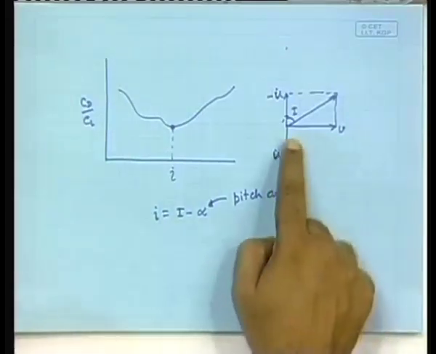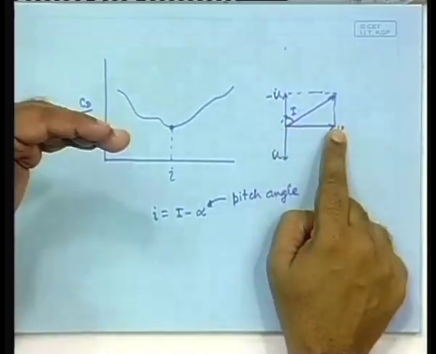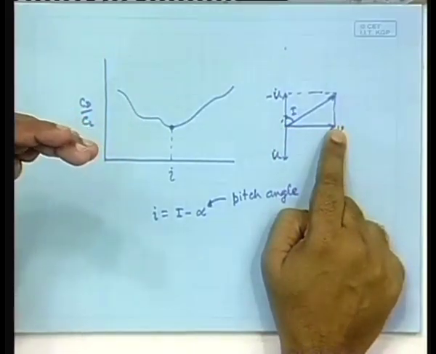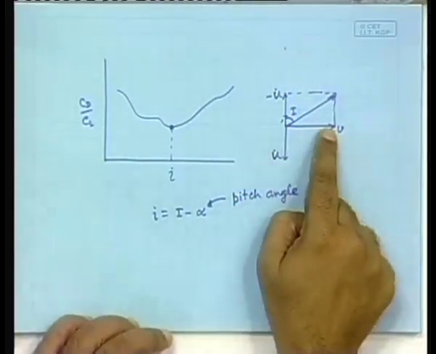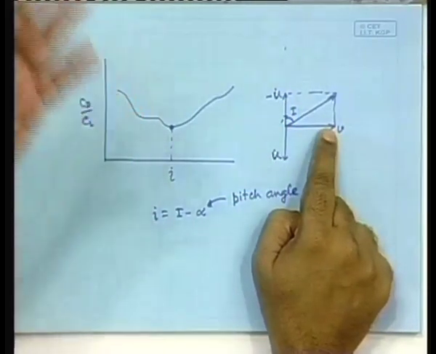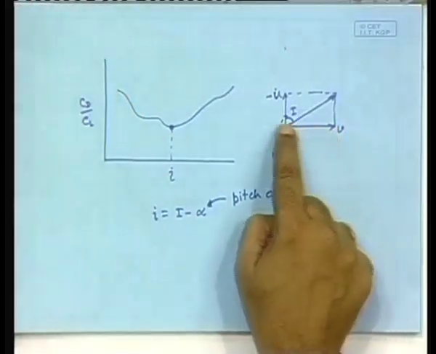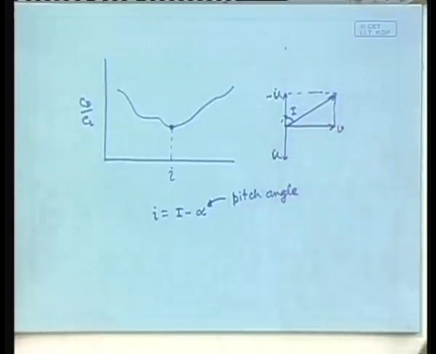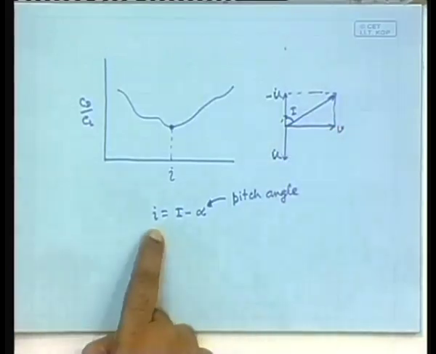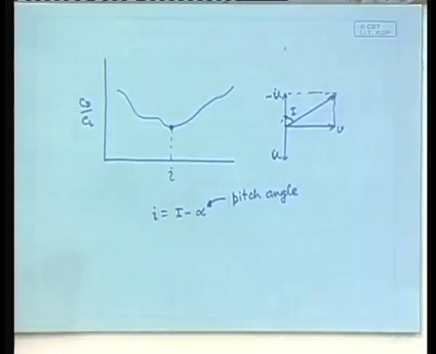You would notice that V, the wind speed, also varies from time to time. It varies from inner edge to the outer edge, but this also varies from time to time because it is dependent on the wind speed that is coming, which is not in your hand. So this is also varying. If this also varies, how can you still try to keep the I constant? By changing the pitch angle.